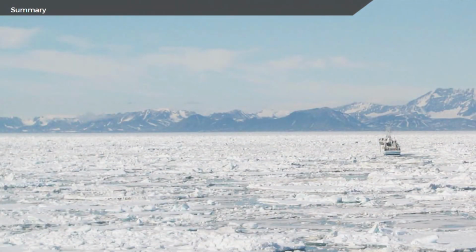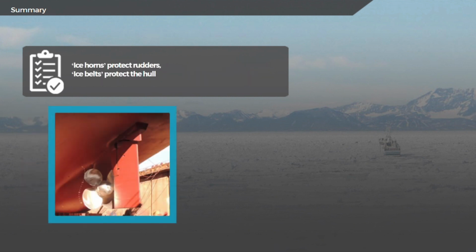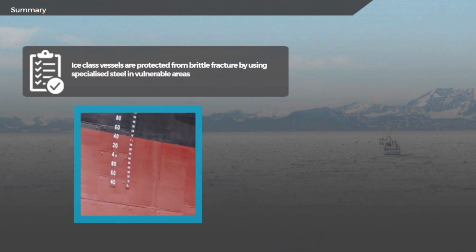Here's a summary of what you have just learned. A vessel can be ice-strengthened, allowing it to navigate in ice-covered waters. There are varying degrees of protection. Ice horns protect rudders. Ice belts protect the hull. Ice-class vessels are protected from brittle fracture by using specialized steel in vulnerable areas.